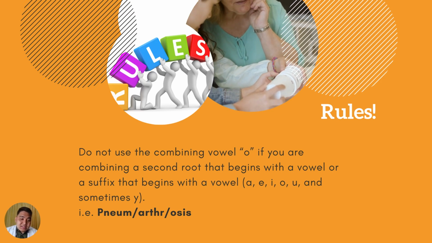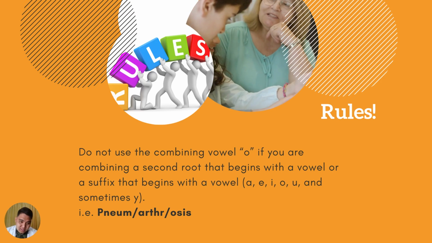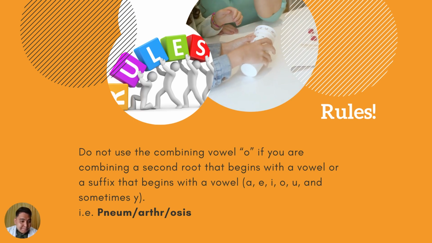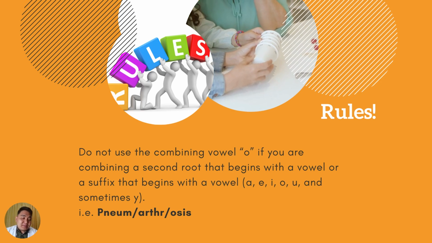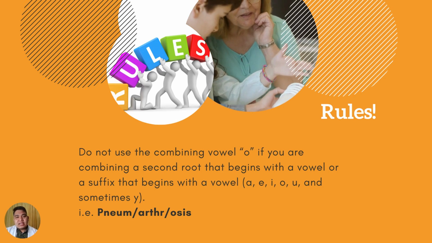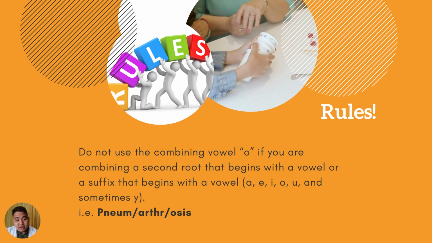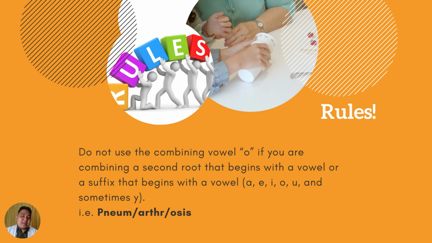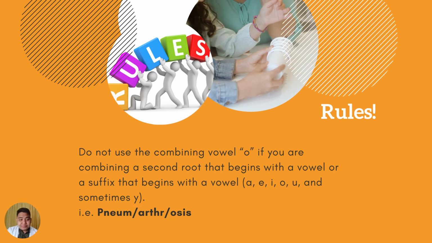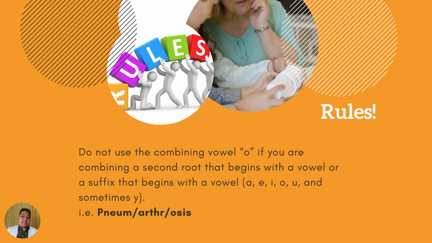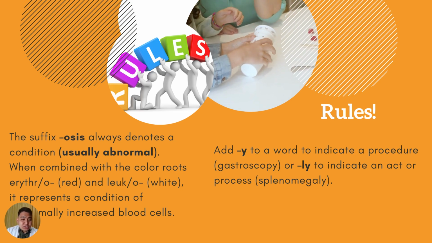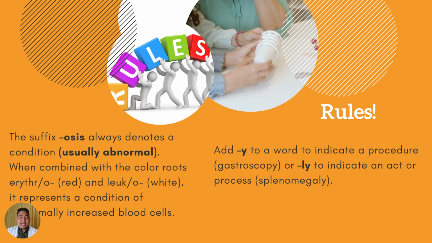As you can see, the suffix begins with a vowel sound, so you will not use O as a combining vowel, but instead there is no combining vowel. The suffix itself serves as the combining form in this matter. So pneumoarthrosis means air in the joint.